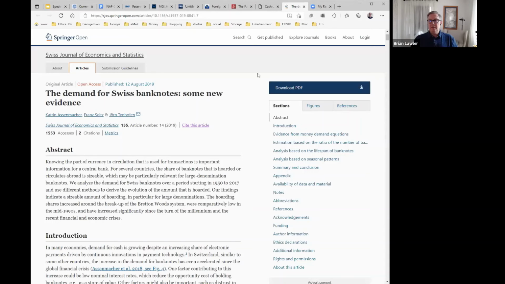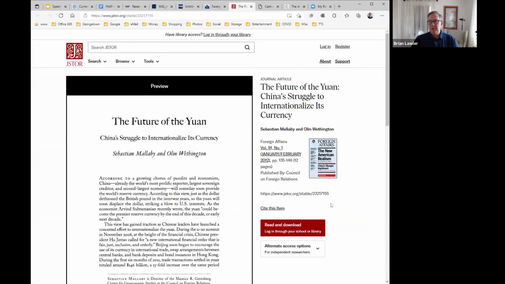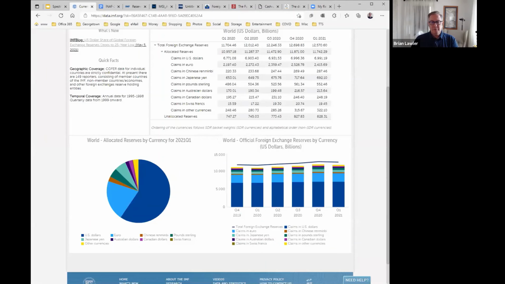and why that occurs. And then a very interesting paper in Foreign Affairs about the Chinese currency and a summary of the historical efforts by China to internationalize its currency to increase its share of the global reserve currency market. Right now, that's a little over 2%.